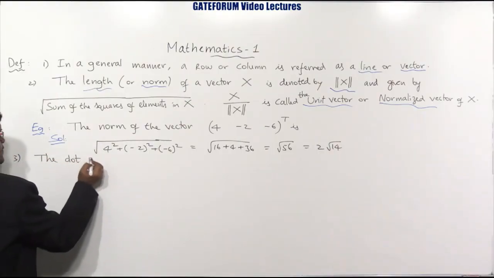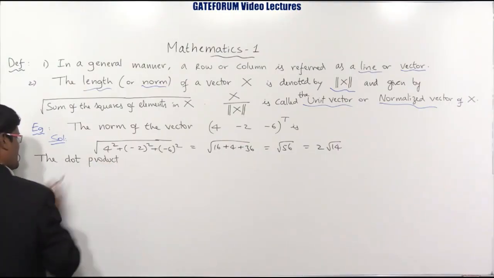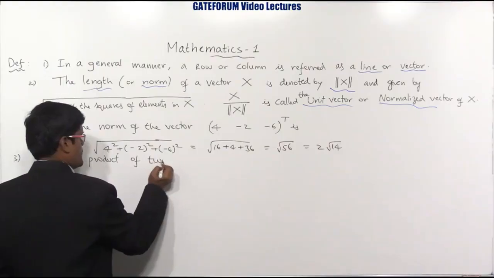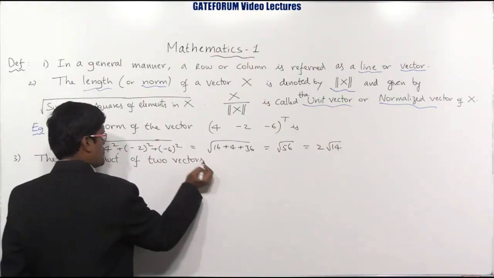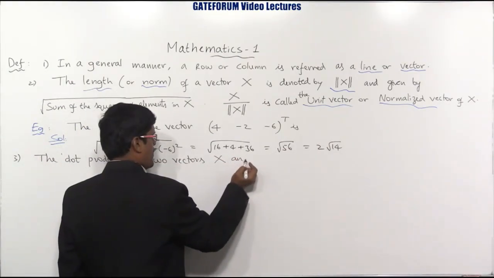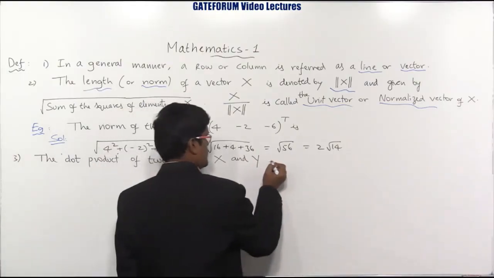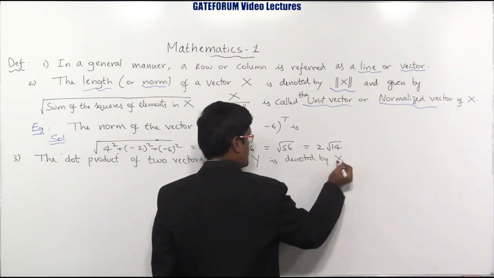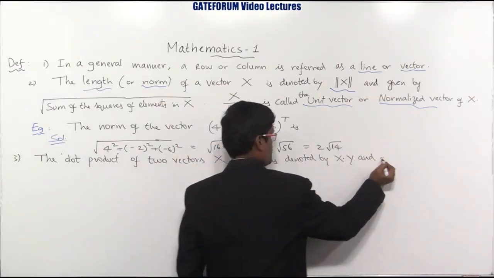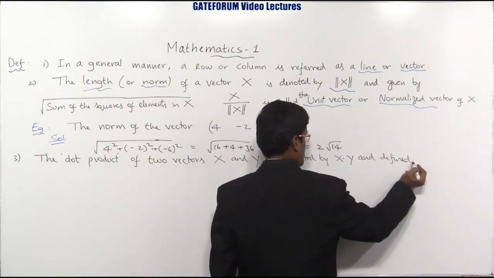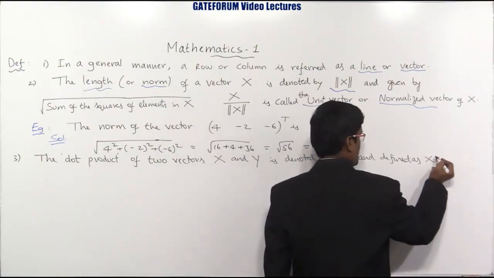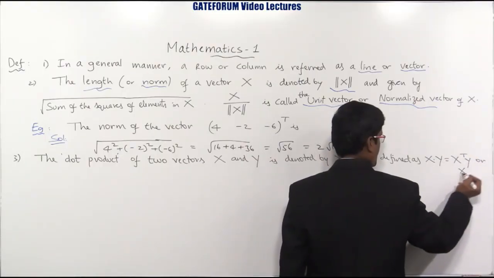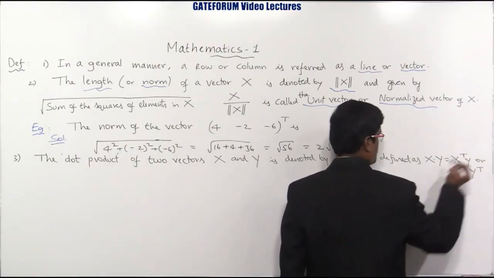The dot product of two vectors x and y is denoted by x dot y and defined as x dot y is equal to either x transpose y or x into y transpose, just matrix multiplication.